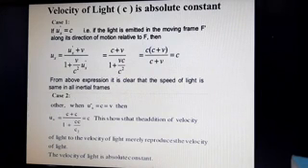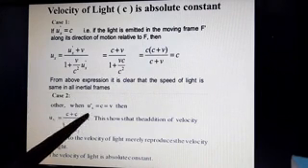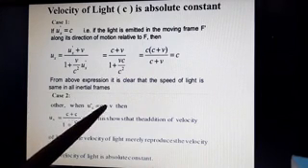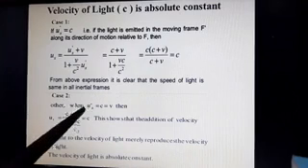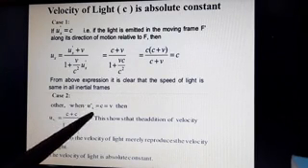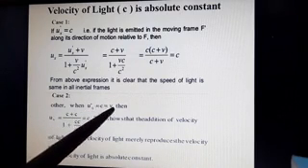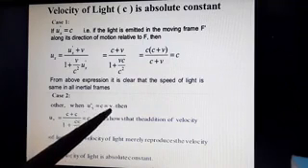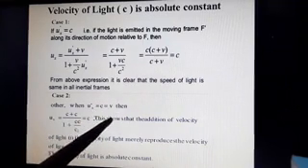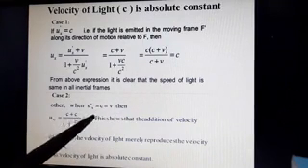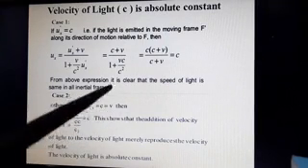Case number 2. The second case is when ux dash is equal to c and v is equal to c. It means the velocity of the particle in the F dash frame and the velocity of this frame are both c, that is, the frame as well as the particle are both moving with the velocity of light.